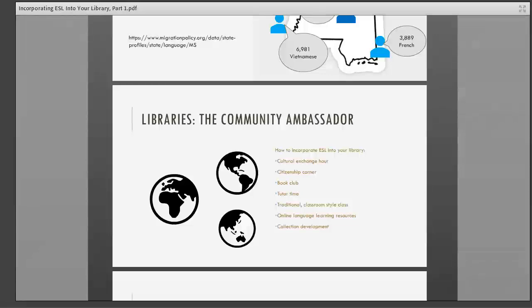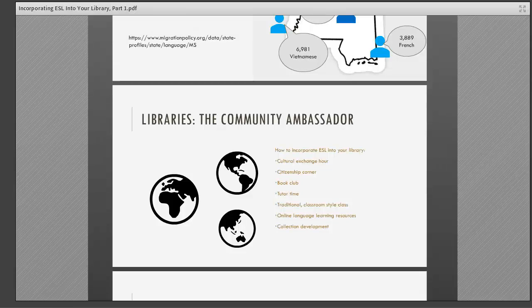Okay, so libraries, community ambassadors. You guys really, really are the key to the door of information and access for our community members. So incorporating an ESL-friendly space or an ESL-friendly environment in your library is really, really crucial.